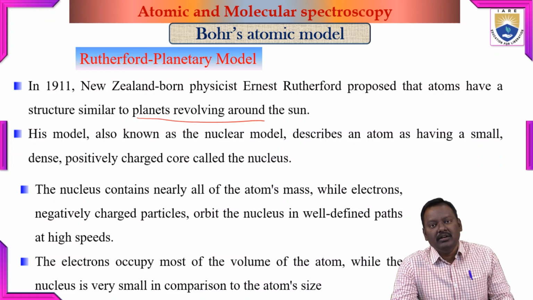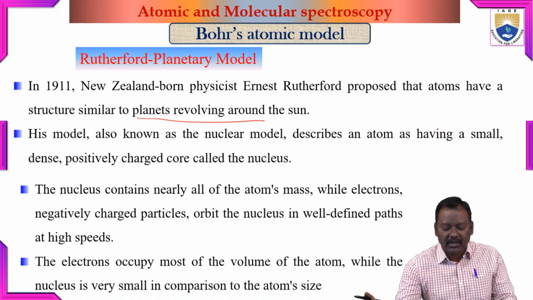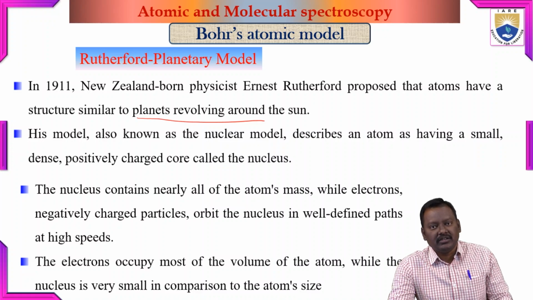According to this model, the entire positive charge is concentrated at the center of the atom, occupying very small space, and the electrons are distributed throughout the atom. Most of the space of the atom is occupied by electrons, and these negatively charged electrons revolve around the nucleus.